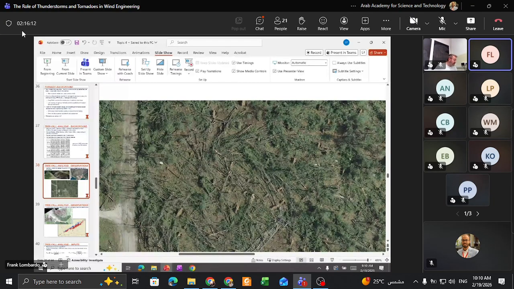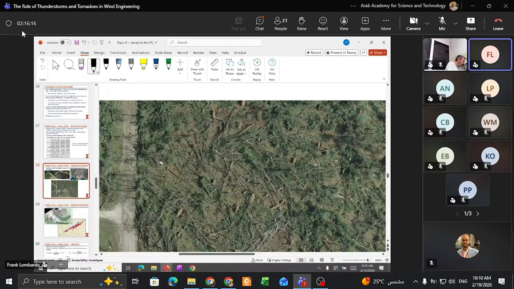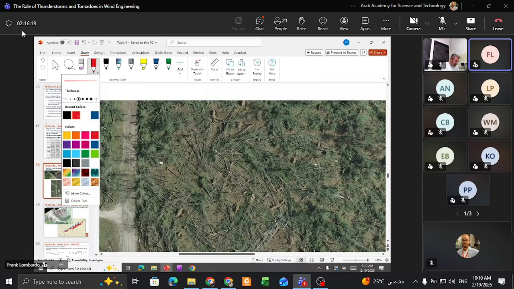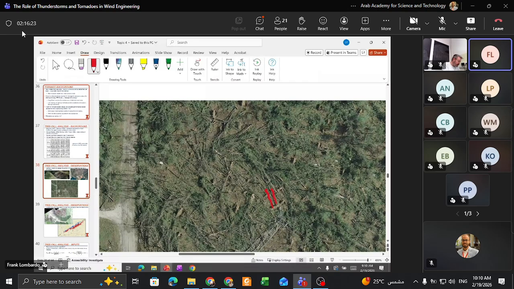This is a particularly interesting one because you can just see a swirl in the tree fall. You can see these are basically the tree roots, and here you can see what happens to the trees. You can do this with the GIS program: you can sort of draw the direction that the trees fall. Maybe something like this. You can see sort of a swirling pattern here in the trees themselves.